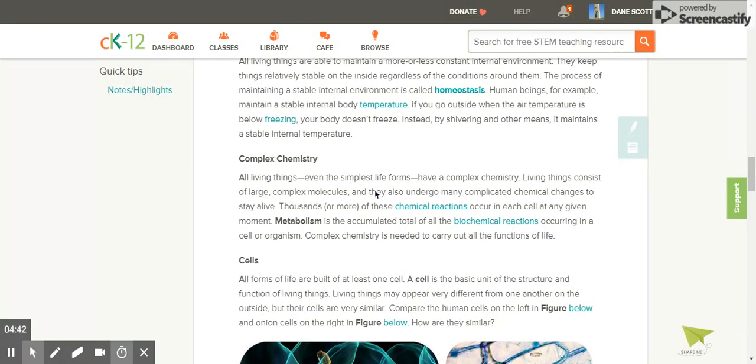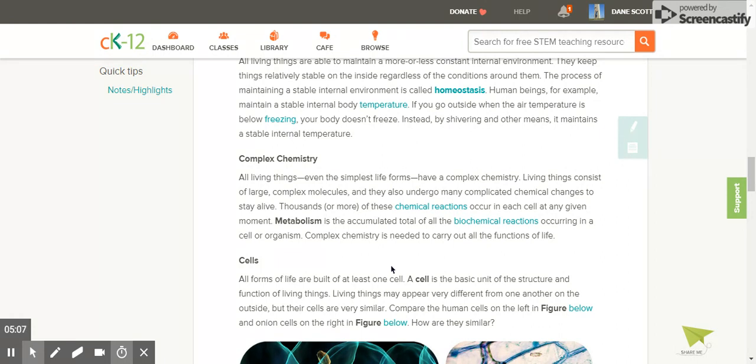Complex chemistry. All living things, even the simplest life forms, have a very complex chemistry. In fact, so complex, we can't reproduce it in a lab anywhere. Living things consist of large, complex molecules, and they also undergo many complicated chemical changes to stay alive. Thousands or more of these chemical reactions occur in each cell at any given moment.